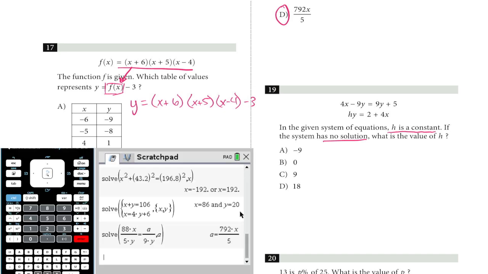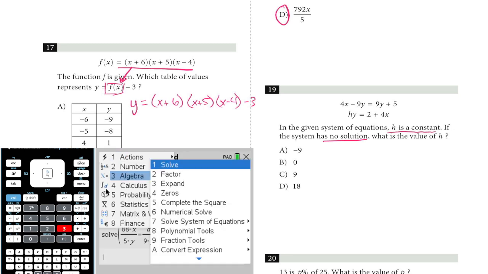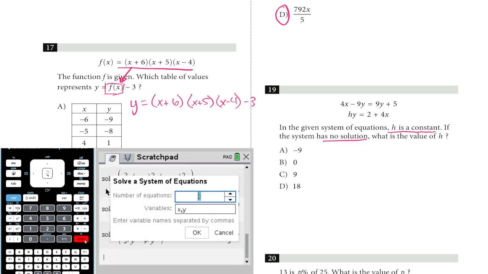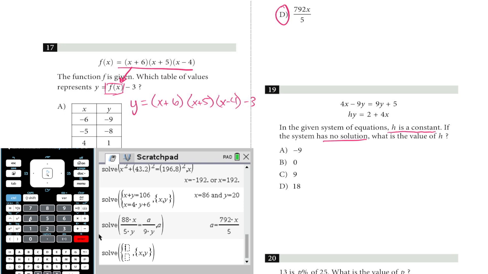Here we have a system, so we are going to do menu 3, 7, enter, enter. And I'm just going to type them in. So 4x minus 9y equals 9y plus 5. And then our second equation is hy. Well, we have to remember we have to do h times y equals 2 plus 4x.